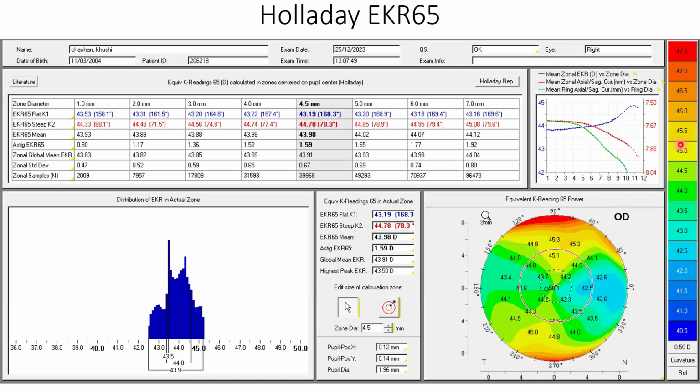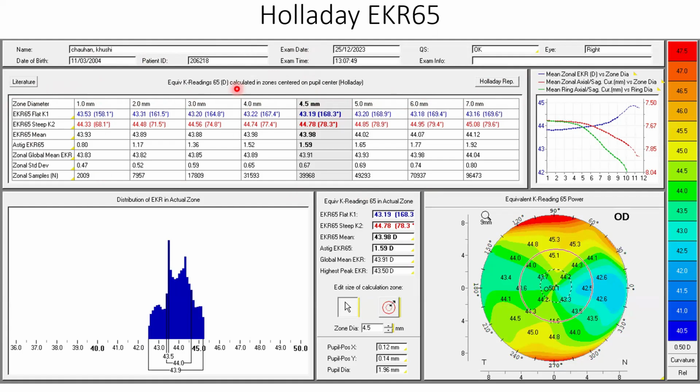Coming to the Holladay EKR 65 report page, in the upper part, we have all the demographic data. In this table, we have the EKR values at various pupil sizes. So what we see here is 1, 2, 3, and up to 7 mm. These are all the pupil sizes and not the distance from the corneal vertex.